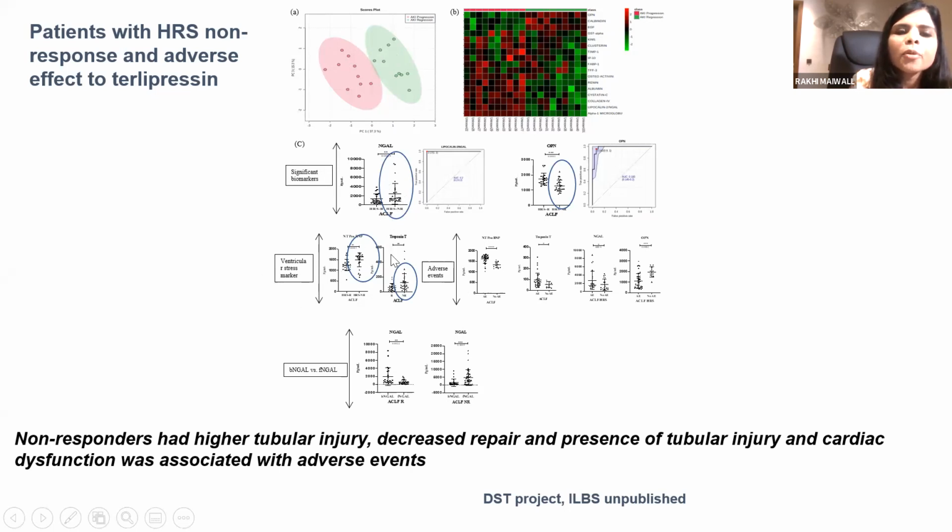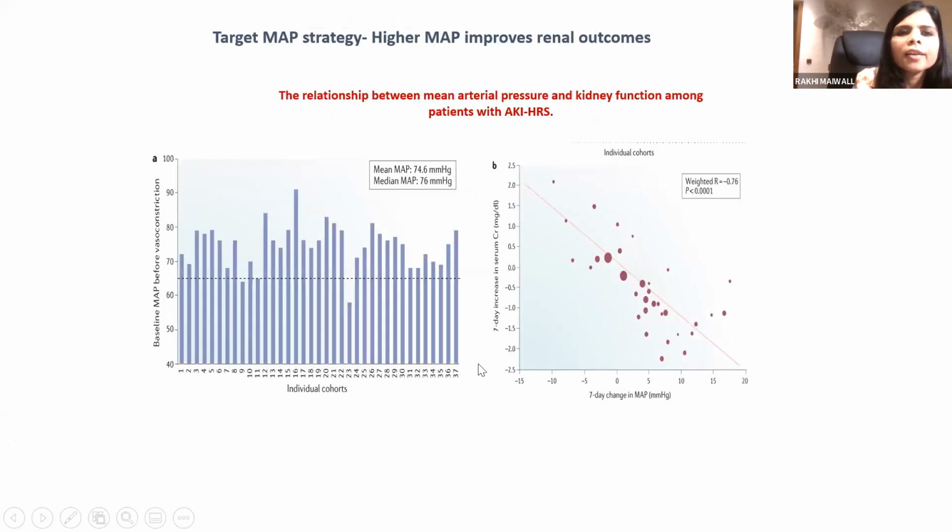These patients had more cardiac dysfunction; the NT-proBNP and troponin T levels were much higher in the patients who were non-responders to terlipressin. Subsequently, we also found that most of the patients who developed adverse events also had these high biomarkers, again implying that the degree of tubular injury and cardiac dysfunction will determine the non-response and the adverse effects to the drug.